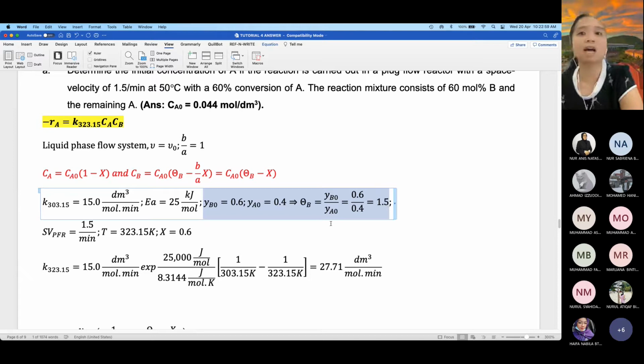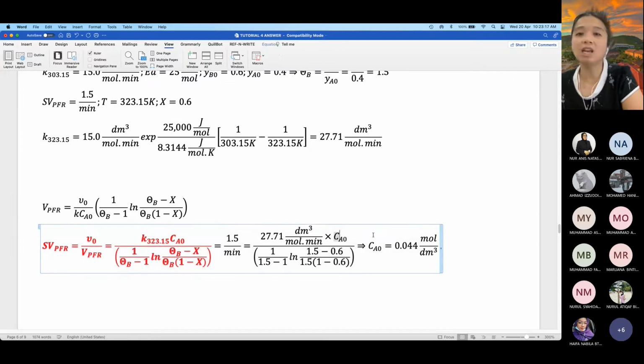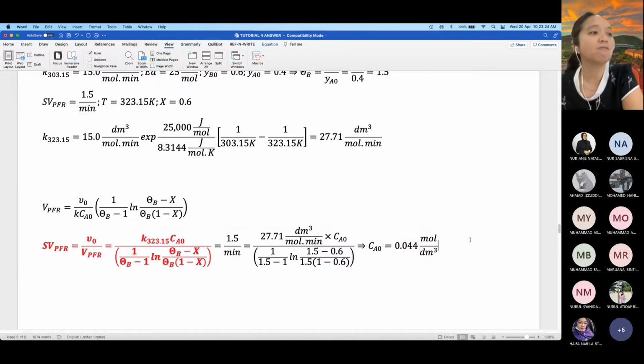So you can find theta B as equals to YB0 per YA0, equals to 0.6 divided by 0.4, you get 1.5. So now that you have solved your theta B, you can replace it as 1.5. You can solve to get your CA0 as 0.044 mole per dm cube. So done for question number A.